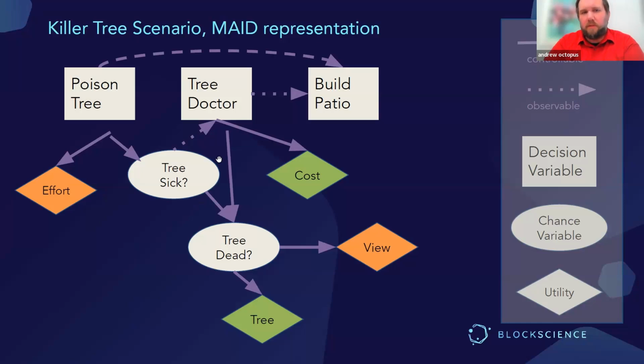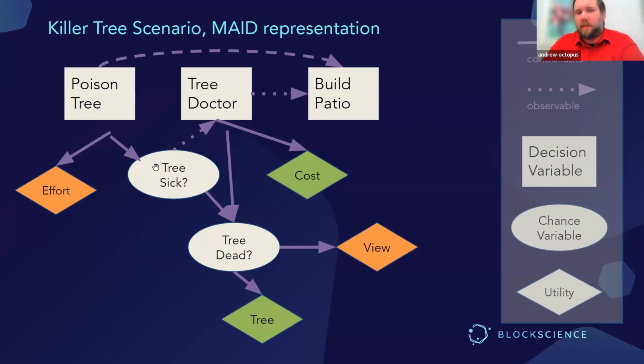There are also dotted arrows, which represent observability or influence. In other words, whether or not we poison the tree doesn't directly determine or even directly influence whether or not the patio is built, but it is information that can be taken into account when the decision is made.